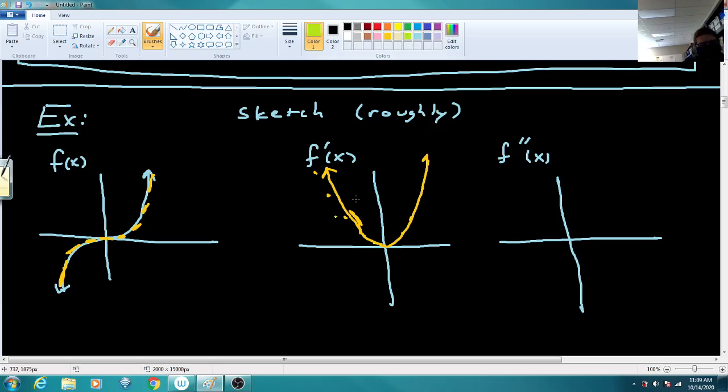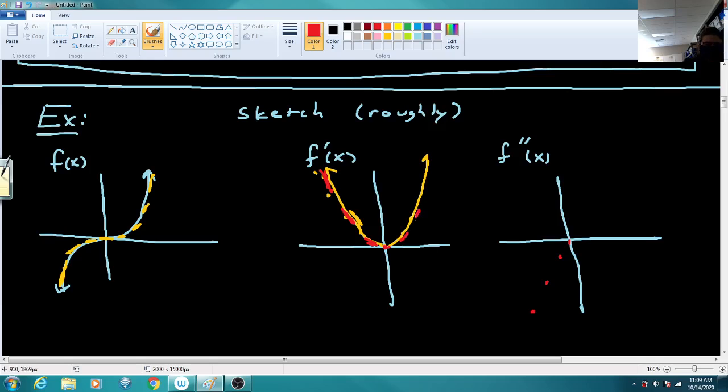Then if we look at the slope of the tangent lines of this graph, we get the slopes are very big and negative, becoming less big and negative, becoming less big and negative, becoming 0.